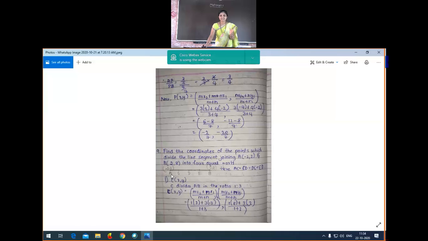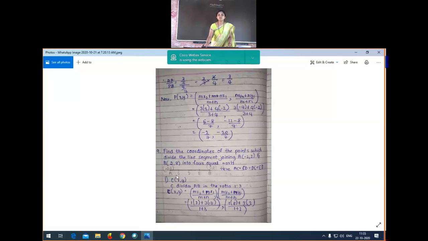Equal parts in the sense we can observe the 3 points in between A and B. This AC is equal to CD, that is equal to DE, that is equal to BE. All the four parts are equal, ratio 1 is to 1. So if we want to find C in between A and D, we can choose this as a midpoint. So now what we have to do?